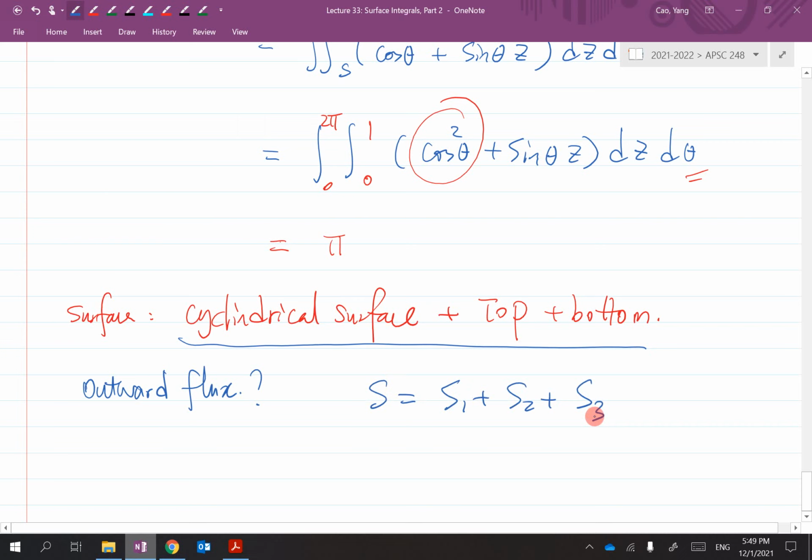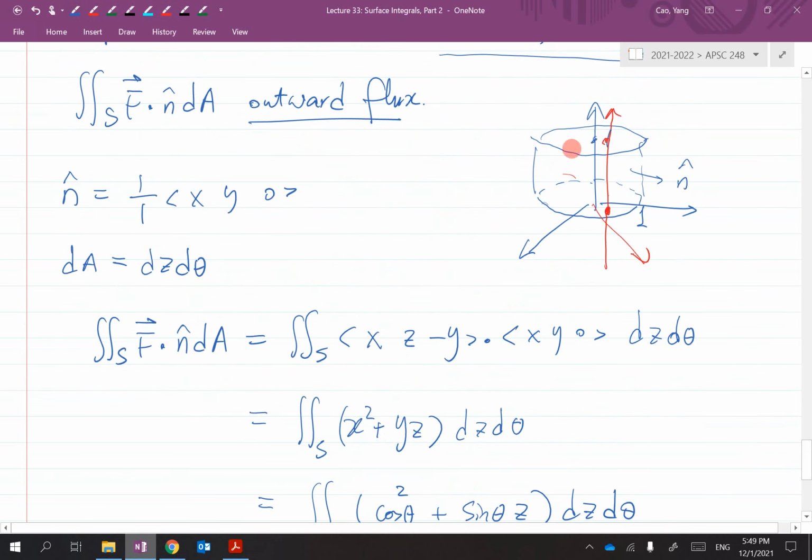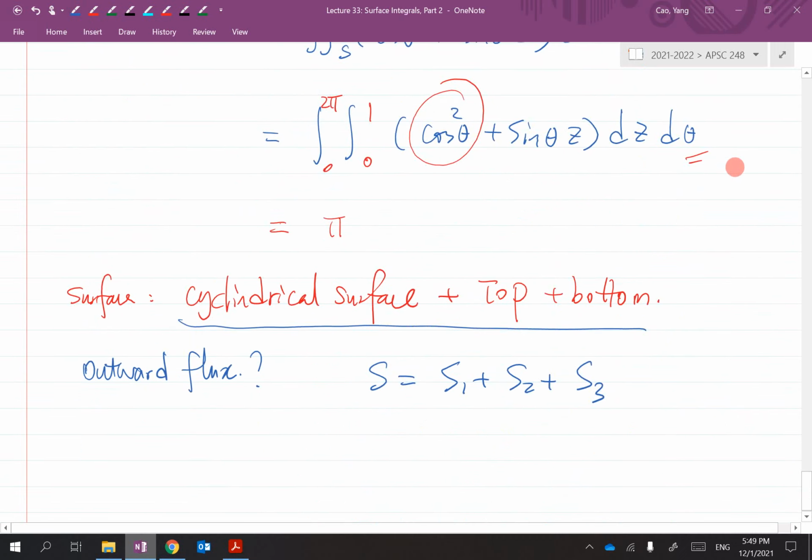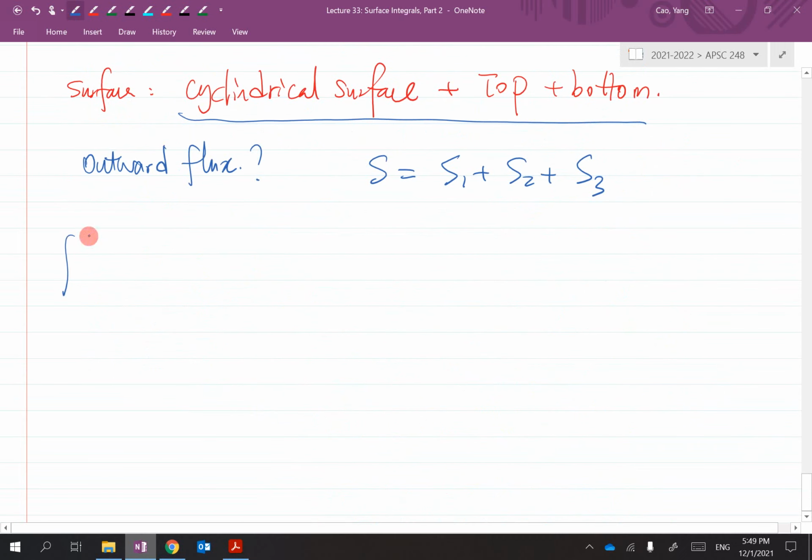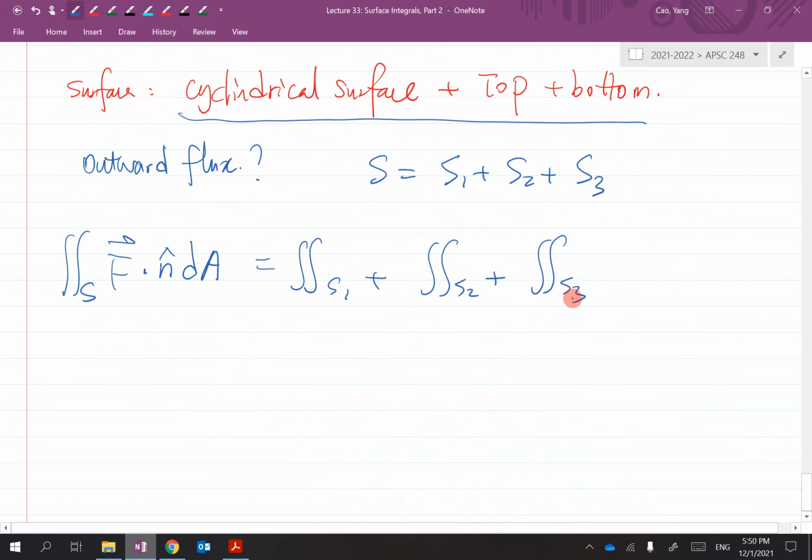So you have 3 different surfaces here: the side, let's call this S1, then the top S2, and then the bottom, let's call it S3. Then outward flux means you have to use the total surface to calculate this outward flux, and it's equivalent to calculating the surface integral for each one of the surfaces.